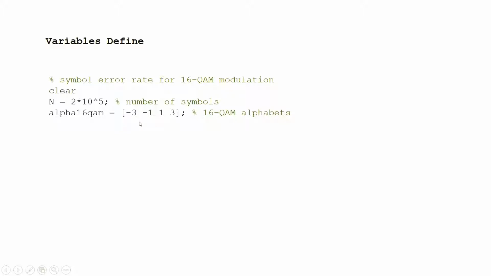Now, if we compare this modulation scheme with the normal QPSK scheme, in QPSK, 2 bits are combined in 1 symbol. So in QPSK, there are only 2 alphabets, 1 and -1. But here in 16 QAM, there are 4 alphabets: -3, -1, 1, and 3.